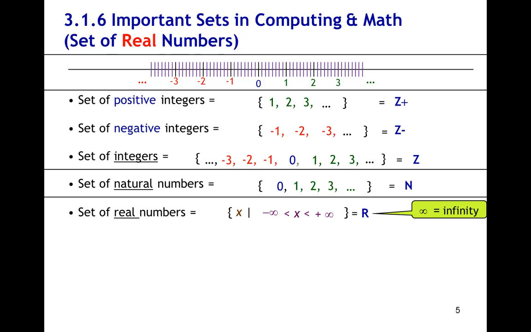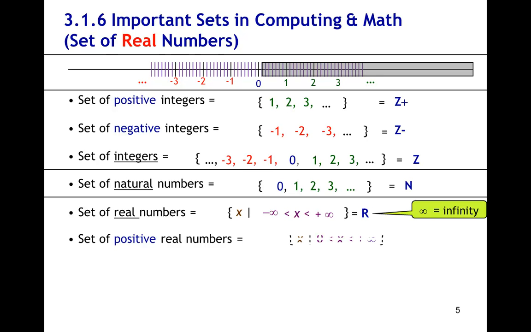Next, we split the set of real numbers into positive real numbers and negative real numbers. The set of positive real numbers, which are all the numbers on this side of the spectrum, is the set of little x such that x is more than 0 but less than positive infinity. And we give it a shorthand of capital R plus.